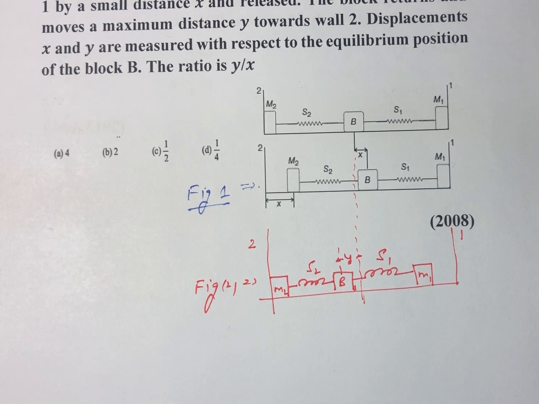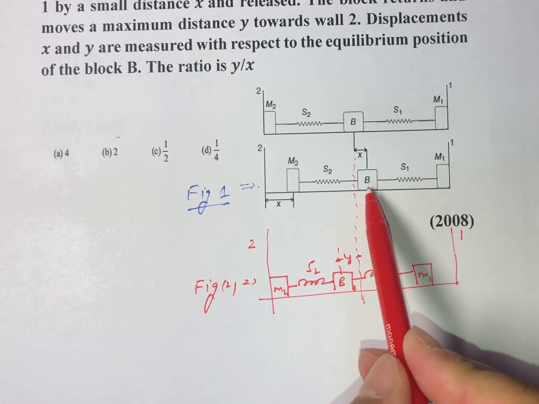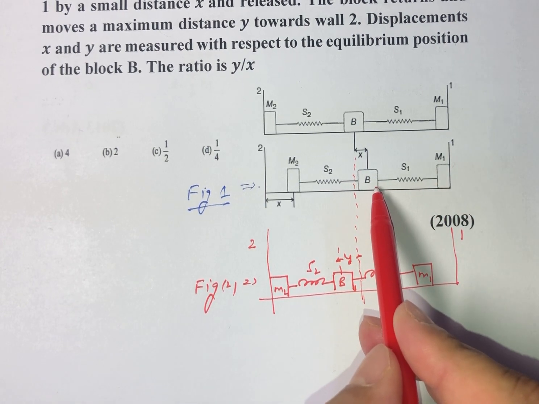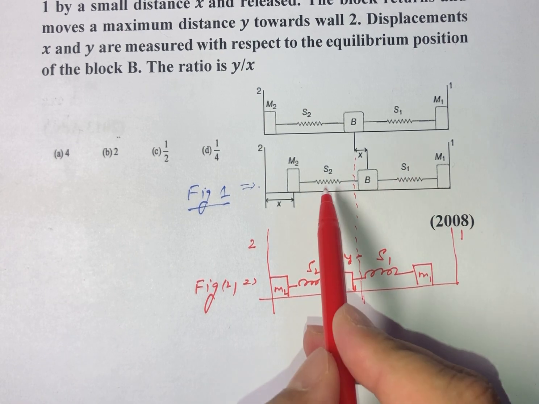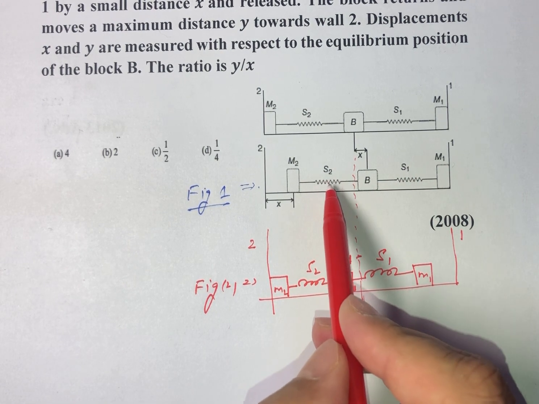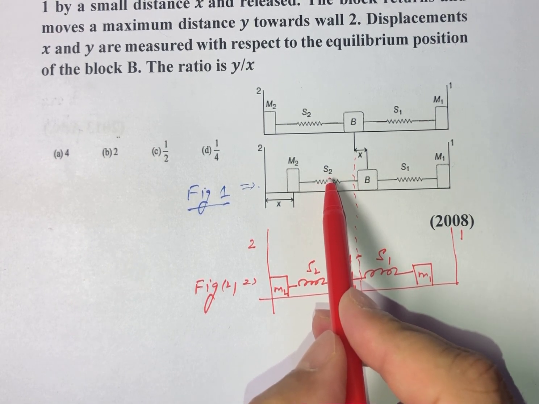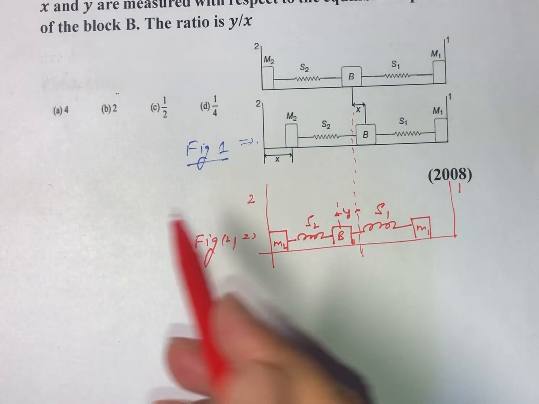Now in figure 1, this block B is moved towards the right. Because of that, the spring S1 will be compressed, whereas there will be no stretching in S2 because M2 is massless.